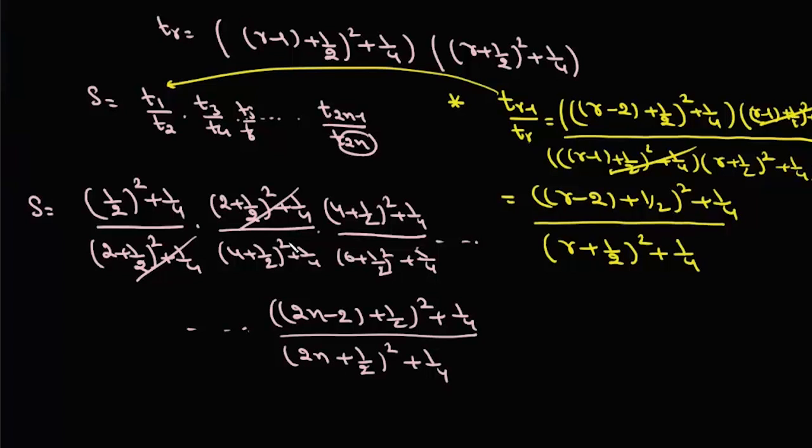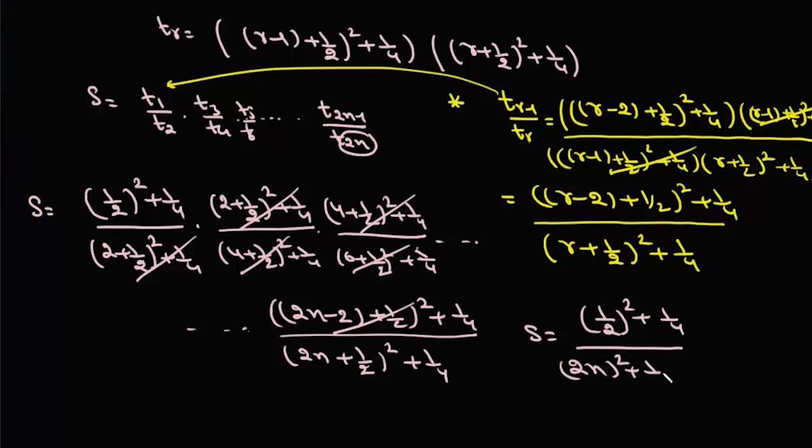Now these successive terms, they'll cancel. So in the end, we'll have this as 1 upon 2 square plus 1 by 4, upon (2n square plus 1 by 4) plus 2n plus 1 by 4.